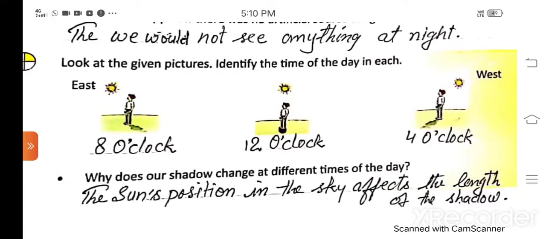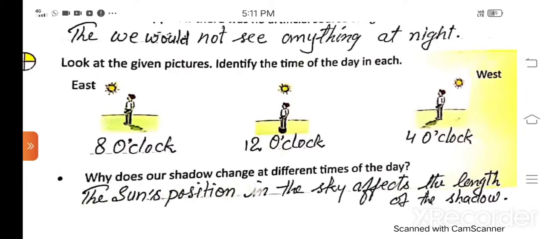In our chapter we have read that during morning and evening we can see the shadow longer, but during the day, at afternoon, as here it is written the time 12 o'clock, at this time we can see our shadow very short.